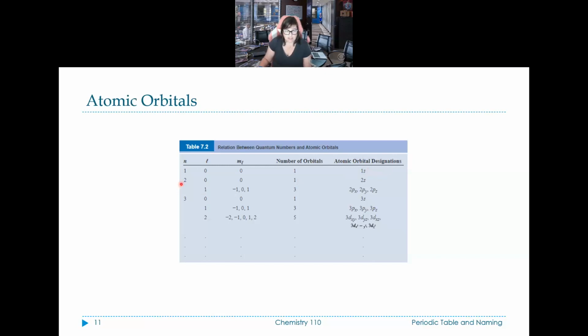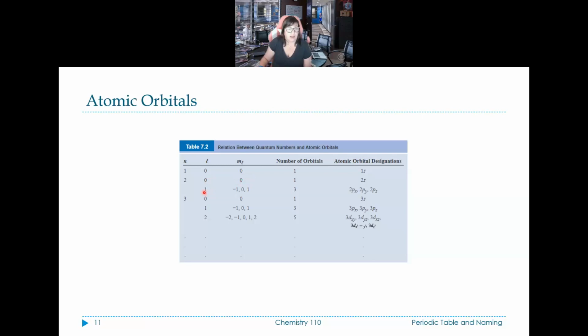When we go to the second row, which goes from lithium all the way over to neon, that's my principal quantum number 2. In that, I can have two different L's, one that's 0 and one that's 1. When we talk about the ML, that's always negative L to L. So for an L of 0, I only have an ML of 0.